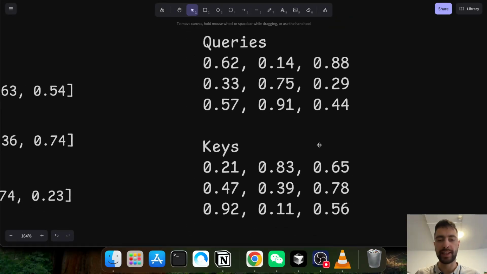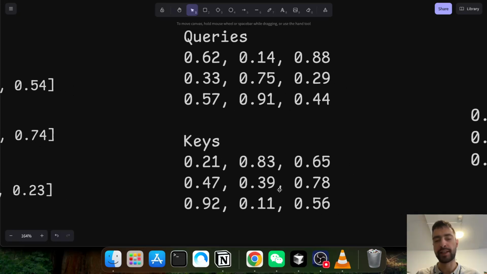Once we have queries and keys calculated for each token, we still wouldn't calculate one by one, this guy times this guy. We would still use matrix multiplication to multiply these two matrices, because it's more computationally efficient. But we can't multiply them like this.